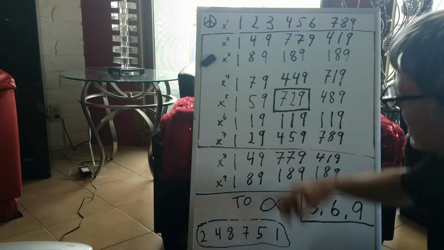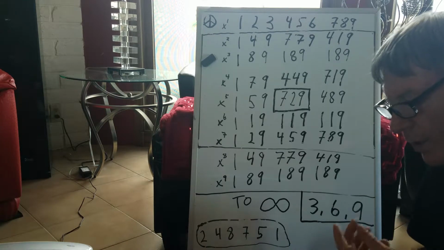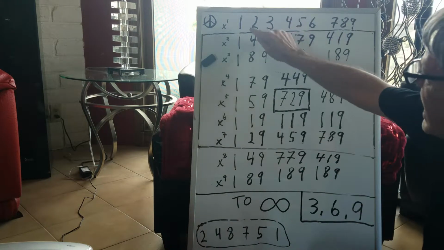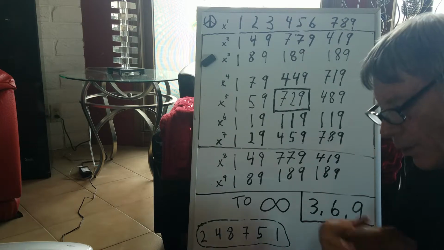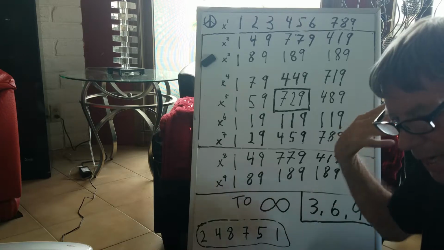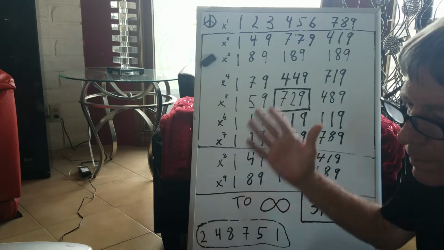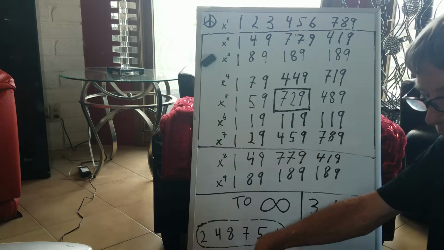That's not a coincidence. 1 through 9 is 45, which is 9. That's not a coincidence. 1, 2, 3, 4, 5, 6 is 21, which is 3. It's not a coincidence, okay? So, because of that, it brings symmetry, simplicity, maybe synchronicity, okay?